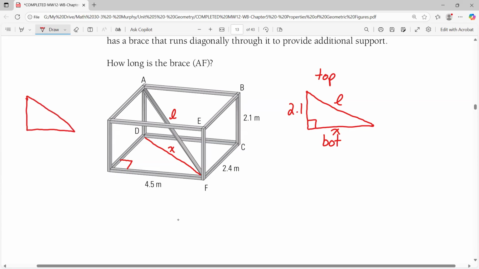So this is lying flat. Okay. We know this is 4.5. That's this piece here. And then we know this piece is 2.4. So we should be able to find X.